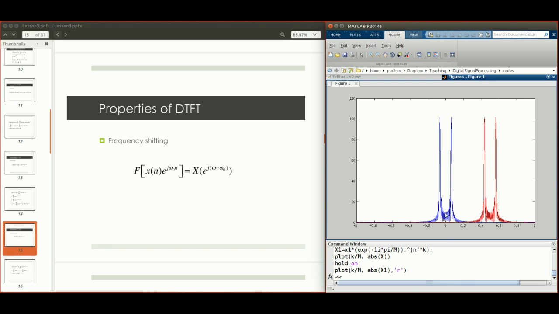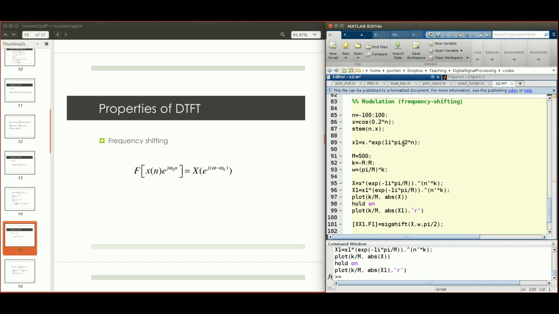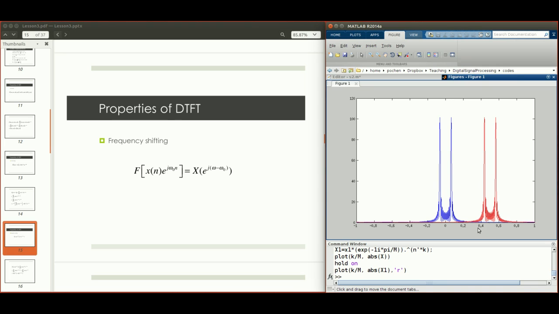That's the original signal. It's basically a symmetric signal. If you look at the amplitude, the magnitude, it's symmetric, right? And then the amount of modulation that we applied here is pi over 2, right? If you normalize pi over 2 by pi, then it's 0.5. So you can sort of see 0 has been shifted to pi over 2 here. See?